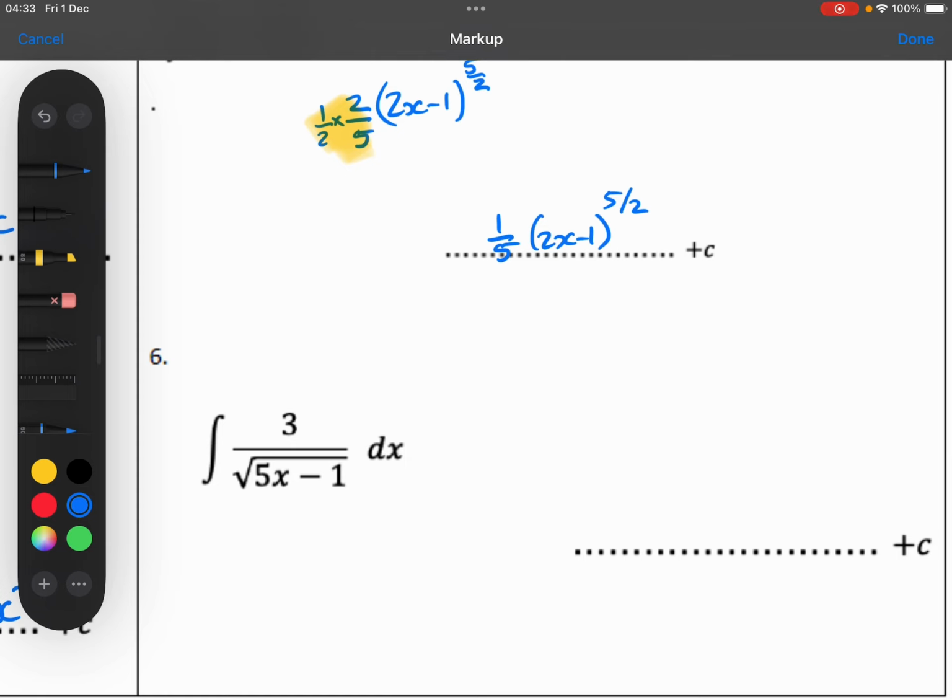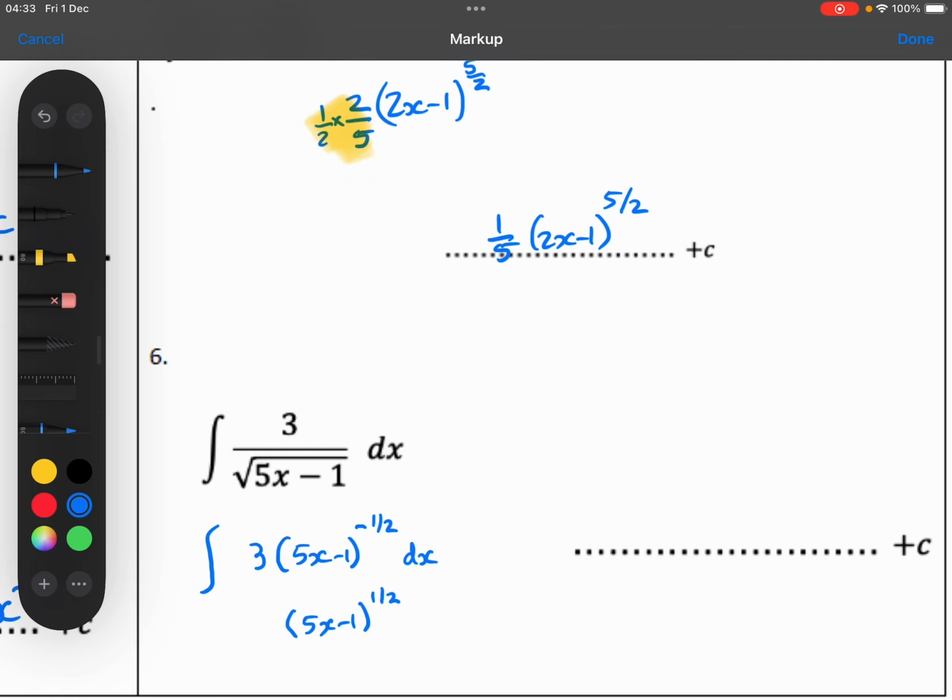Question 6. First, we're going to rewrite this with a negative power. So I'm going to rewrite it as 3 lots of 5x minus 1 to the power of minus 1/2. We'll add 1 to the power. So minus 1/2 plus 1 is positive 1/2. We're then going to divide by the new power.